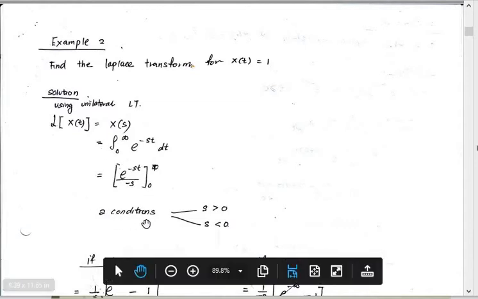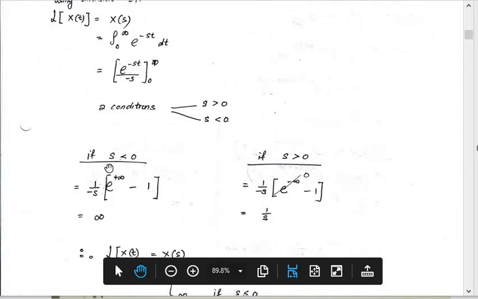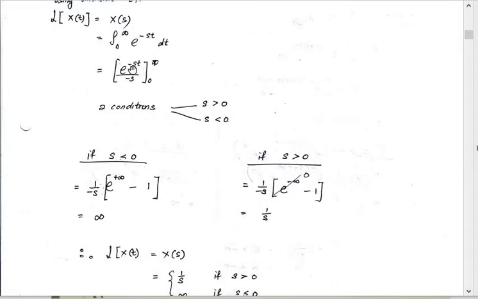Again, you have two conditions, either more than 0 or less than 0. Now, let's look at s less than 0. If s is less than 0, let's say negative 1, then negative times negative 1 is positive, and t substituted with infinity is a positive infinity, so you get infinity.